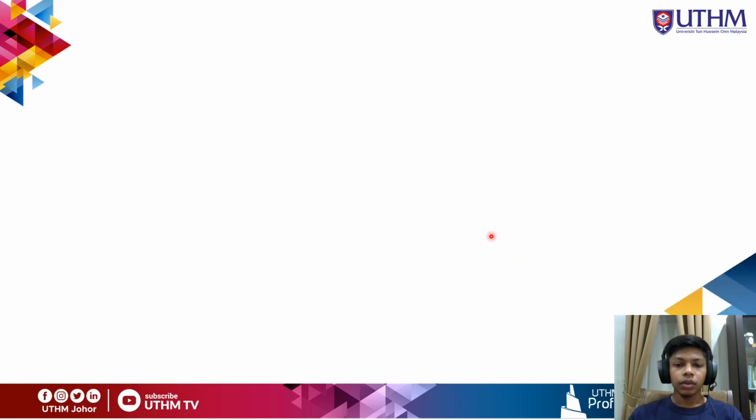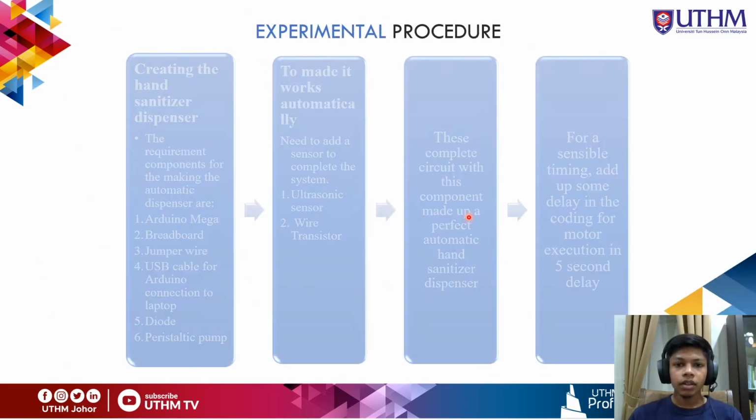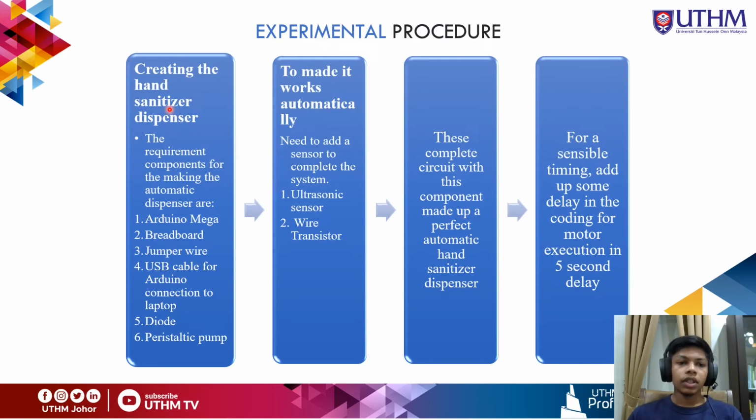Next, I will continue with the experimental procedure. The first step is creating the hand sanitizer dispenser. The required components for making this automatic dispenser are Arduino Mega, breadboard, jumper wire, USB cable for the Arduino connection to the laptop, diode and peristaltic pump.